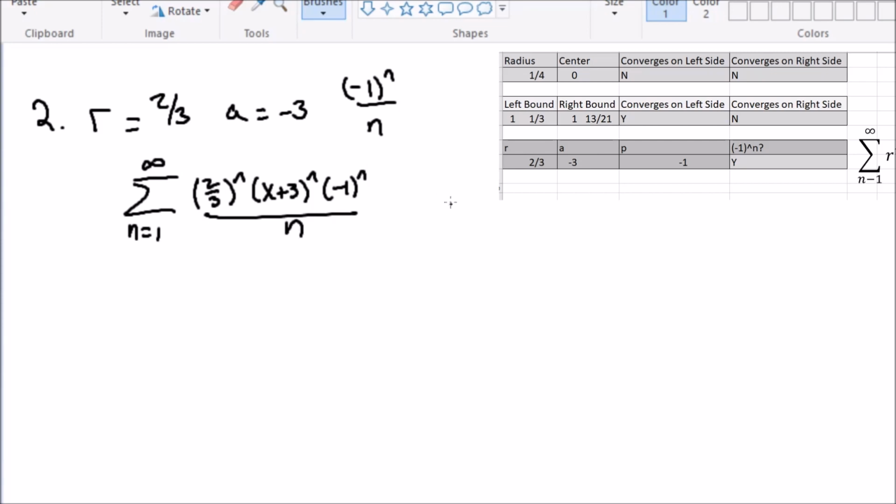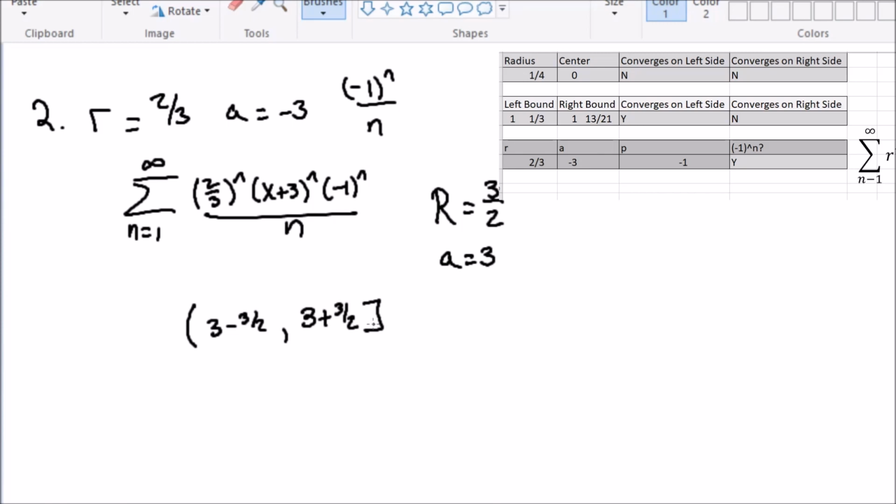Alright, so my radius is going to be 3/2. My center is going to be -3. Alright, I'm going to diverge on my left endpoint, which is -3 minus 3/2, and I'm going to converge on my right endpoint, which is -3 plus 3/2. There we go, it's my interval of convergence, just looking from the series.